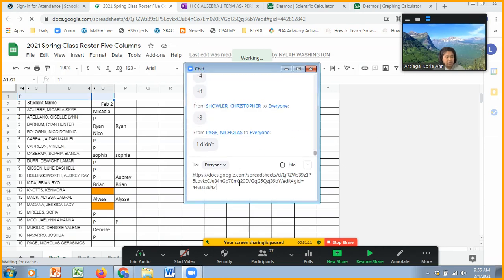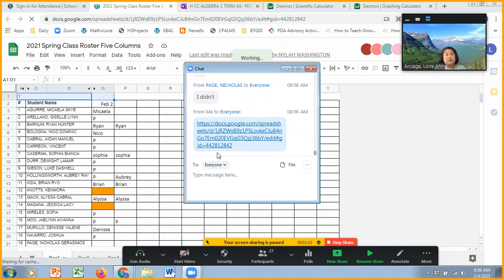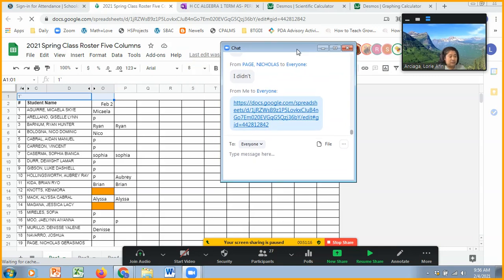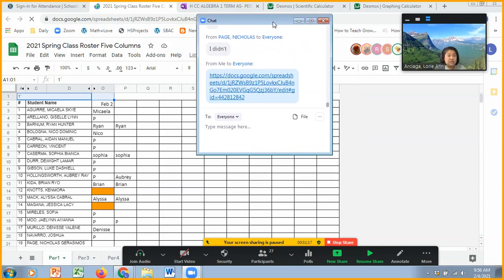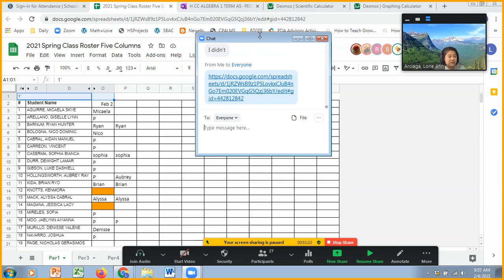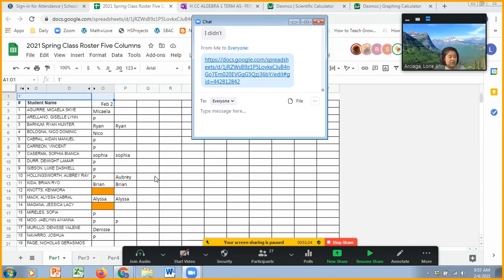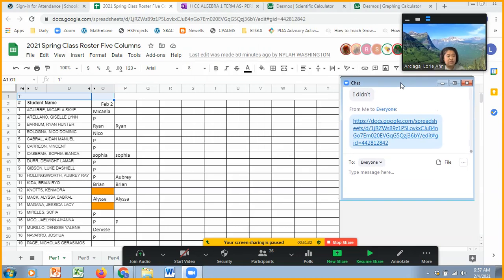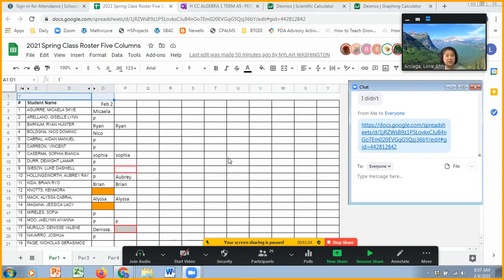And I don't want to be getting messages that you were marked absent just because you forgot to sign in. Please access the sign-in sheet. We should make that a habit even before we log into Zoom. The very first thing we do is sign in to the attendance.